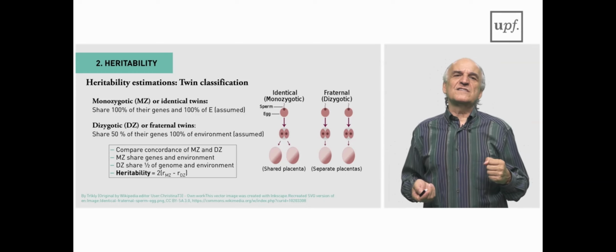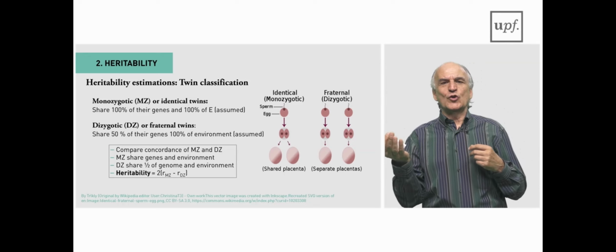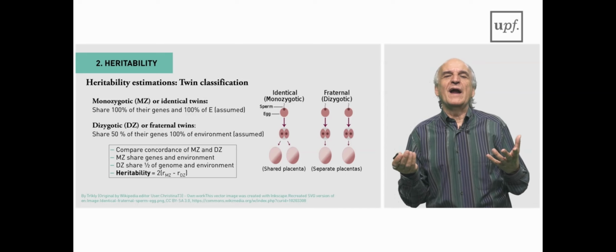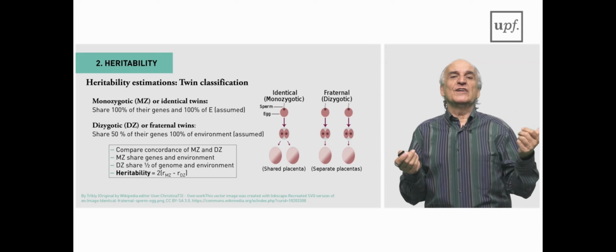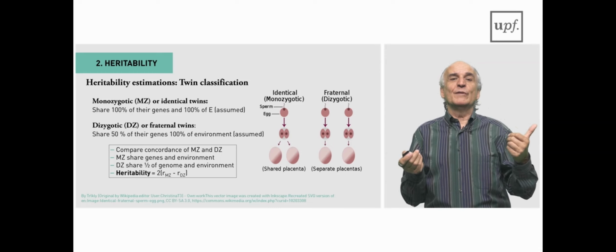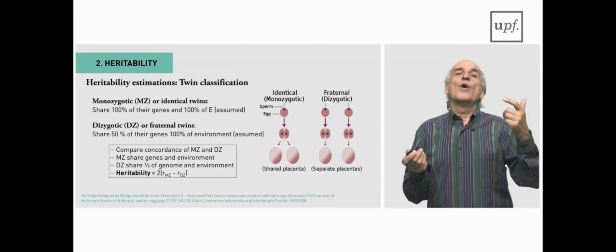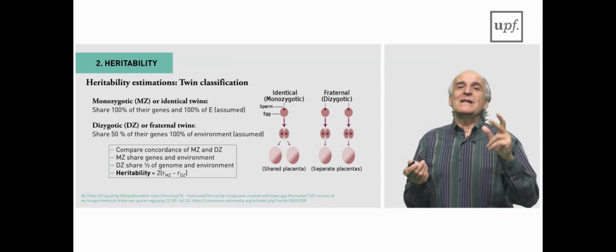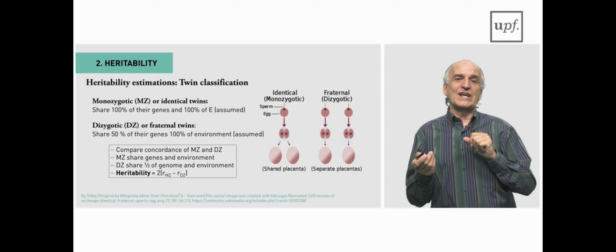In many cases, this is studied by comparing monozygotic and dizygotic twins. When we compare them, what we take into consideration is that the monozygotic share genes and environment, and the dizygotic twins share one half of the genome, but share the environment in the same way as the monozygotic.